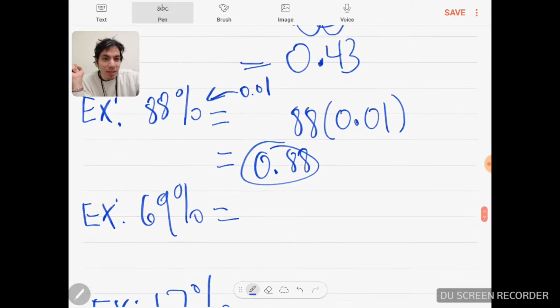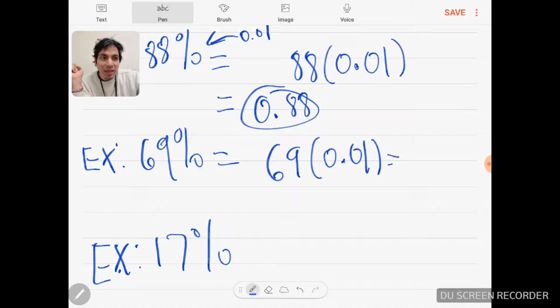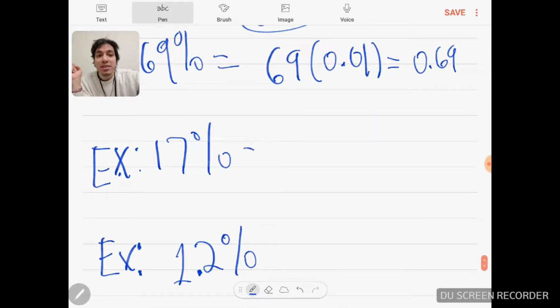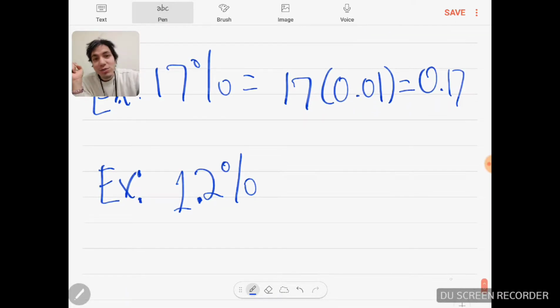Same goes for 69%: change the percent symbol to 0.01, and my answer is 0.69. Same goes for 17. 17 times 0.01, I get 0.17.